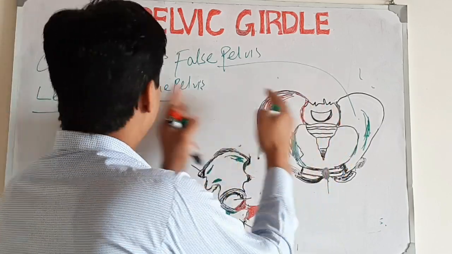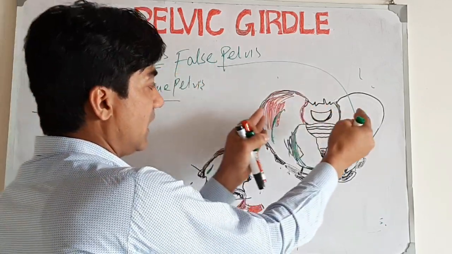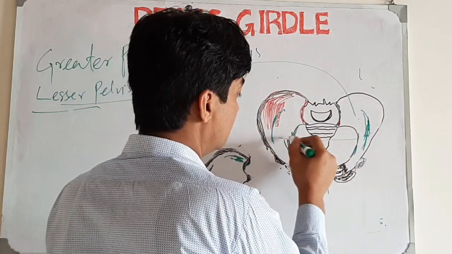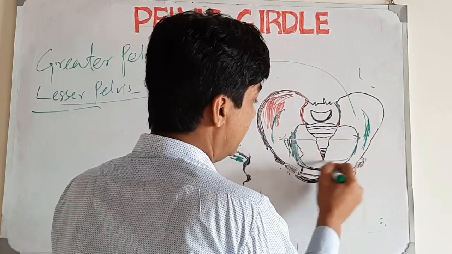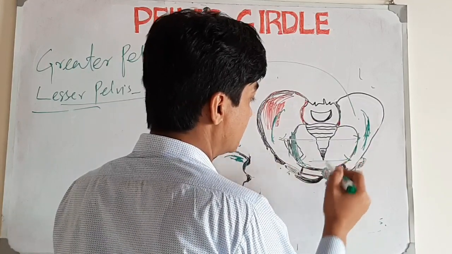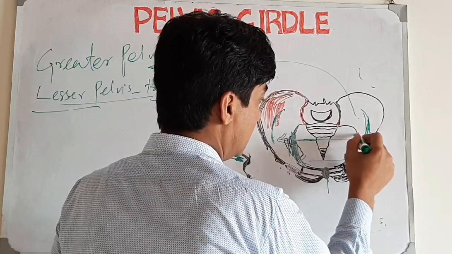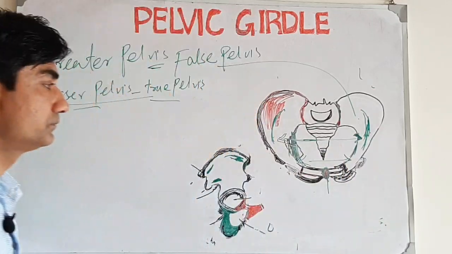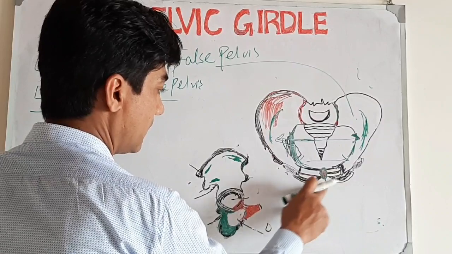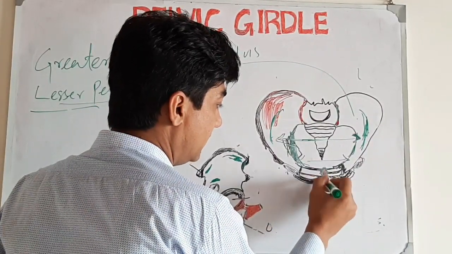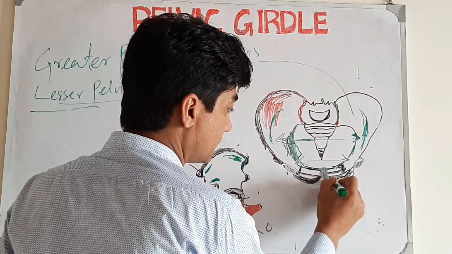And the lesser pelvis is also called the pelvic inlet. This is the pelvic inlet, and here is the pelvic outlet. This helps in childbirth. One more thing, in the pelvic girdle there is a pubic arch.